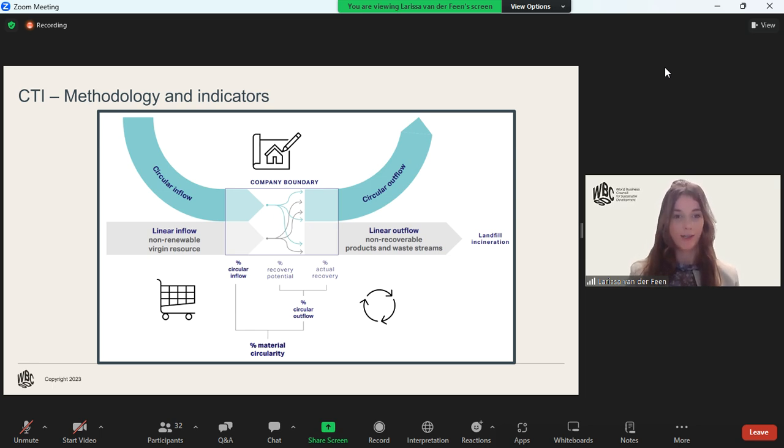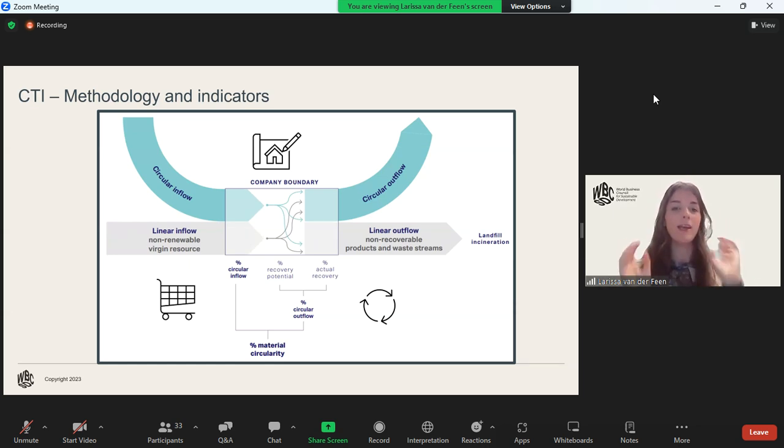When the percentage of recovery potential and percentage of actual recovery is multiplied, then you get the total percentage circular outflow. If you combine circular inflow and circular outflow, then you get the percentage material circularity. And this metric really shows how successful a company is in closing its material loops.